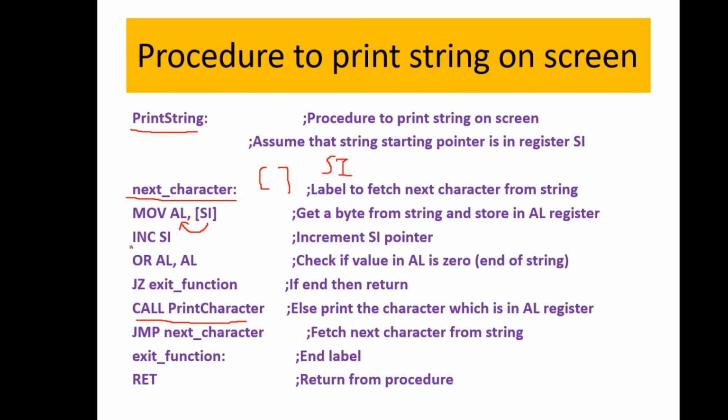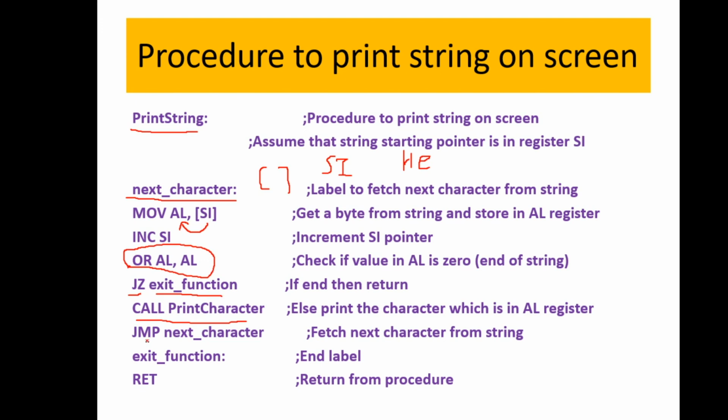Then I have to move to the next character. After H, first the address of H will be stored, and after H the address of E should be loaded. For that I need to increment the pointer. So increment your SI. Then this validation instruction is used to terminate the process, until you reach the end of your characters. If the character in AL is 0, then we have to exit the function.